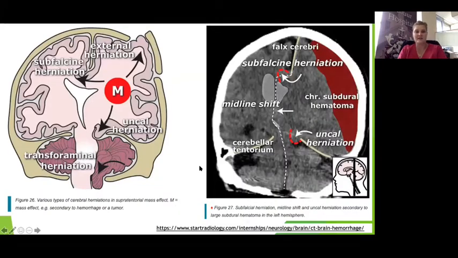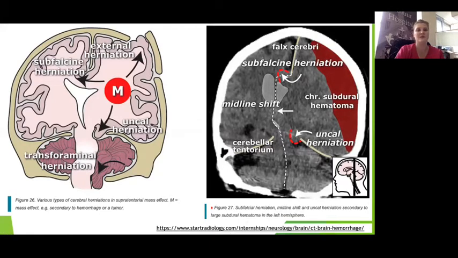This is just another example of the different types of herniation syndromes that you can get. You can also get calvarial herniations with quite significant comminuted depressed skull fractures, where the brain can start to swell, and this will also give you different types of clinical signs depending on the part of the brain that is involved.